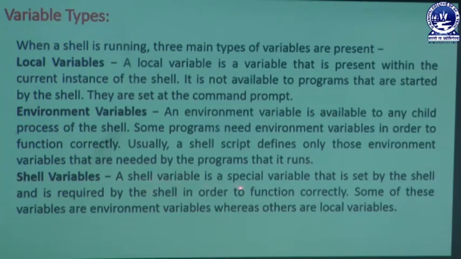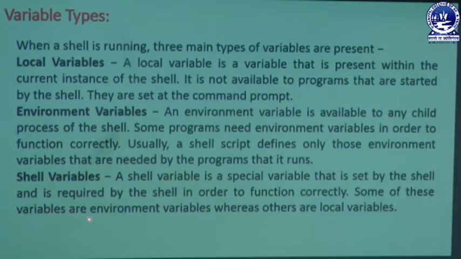So a shell variable is a special type of variable that is not equivalent to environment variables or local variables. Each shell variable is a special variable that needs to be set by the shell and is required by the shell in order to function correctly. Without coordination between the shell and the user-based program, it does not behave perfectly or correctly, and that is an error.